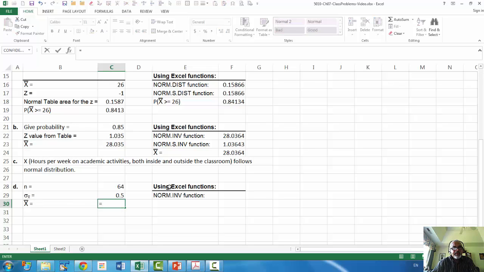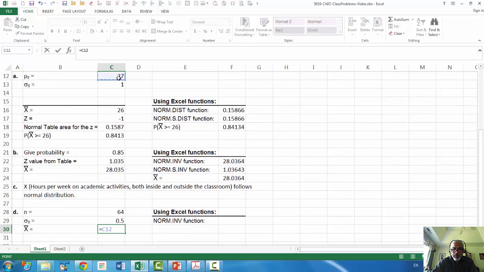So it will be mu plus z times sigma sub x bar. So that is the x bar value for which 85% of the students will fall. Now in this case, for D, we don't need this assumption, because sample size is 64.